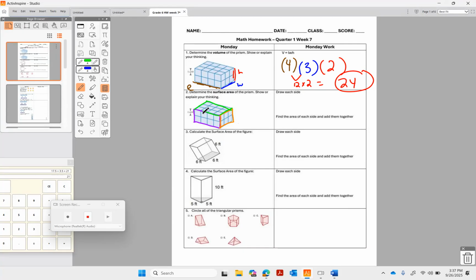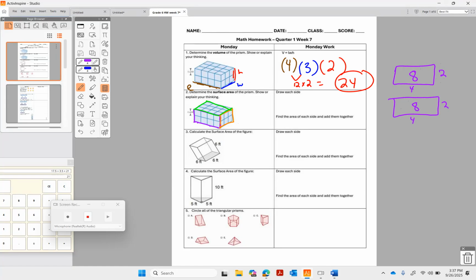When I look over here, I have that side, and it is 4 by 2 units. 1, 2, 3, 4 by 2. It has an area of 8. If I call that a side, there's another one that has an area of 8. Okay?